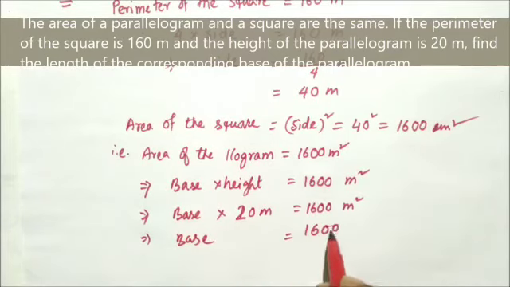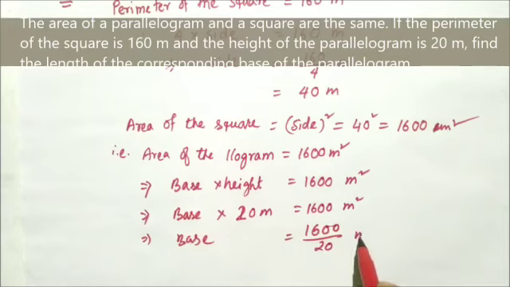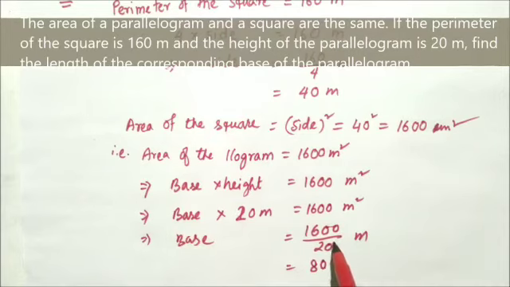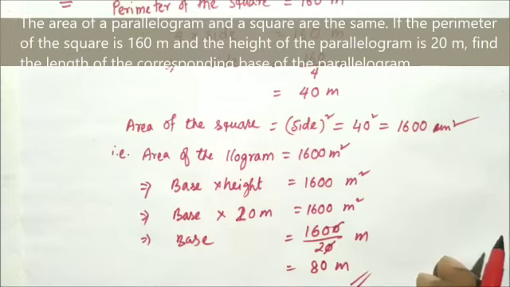Simply you need to divide this 1600 by 20, and if you divide this, the zeros get cancelled, 2 eights are 16, so the base is 80 meter. And the question says find the length of the corresponding base of the parallelogram. Yes, so this is the answer.